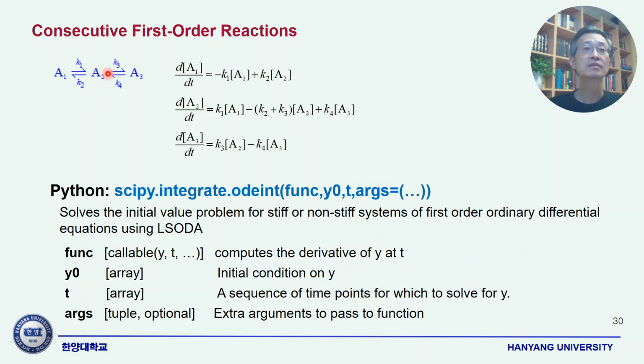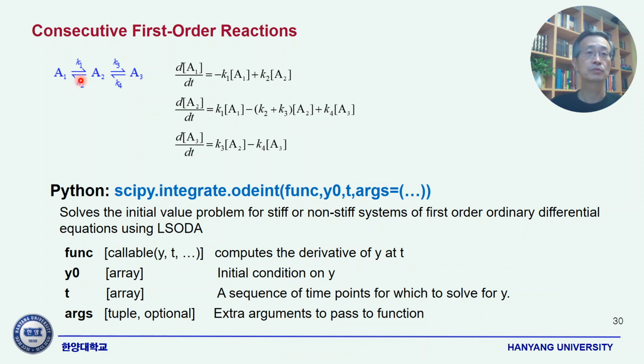For a1, the rate equation is minus k1 a1 plus k2 a2.